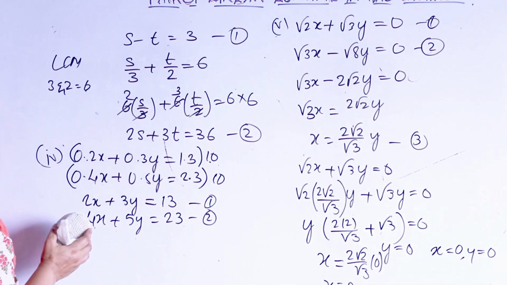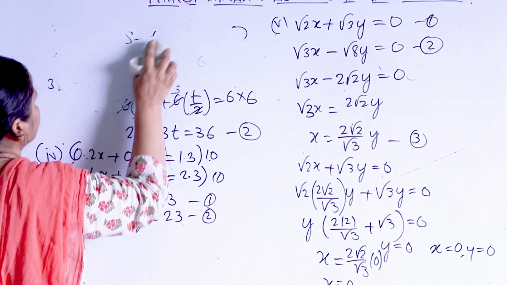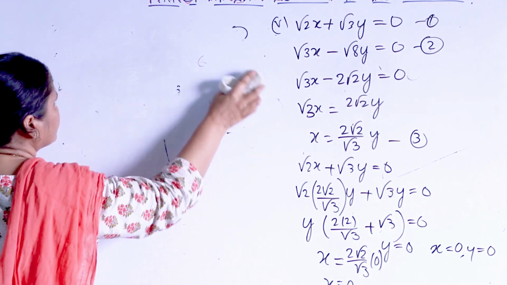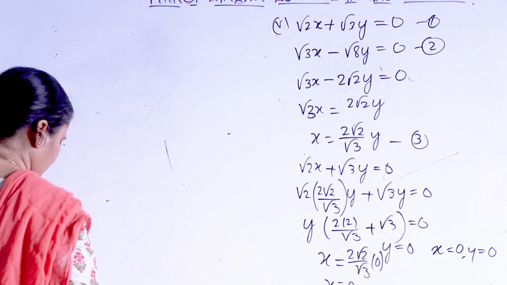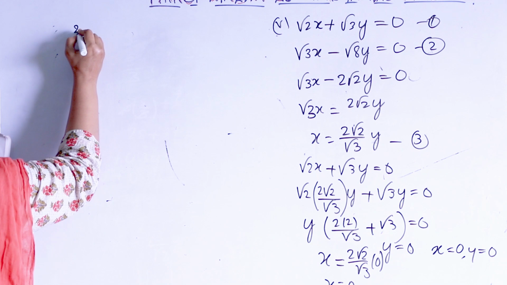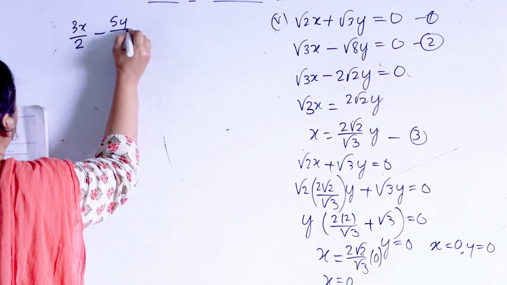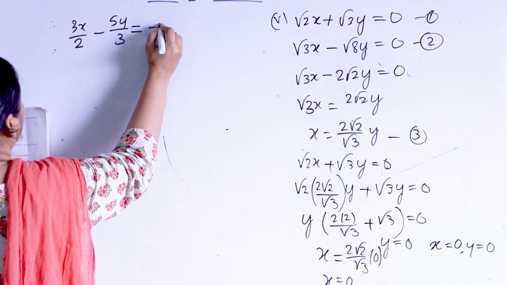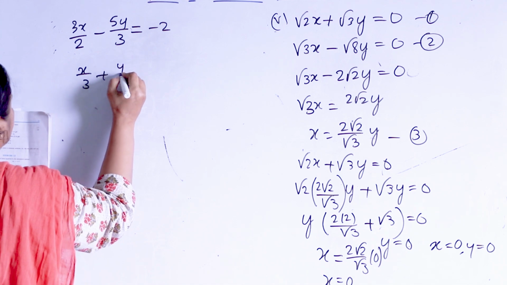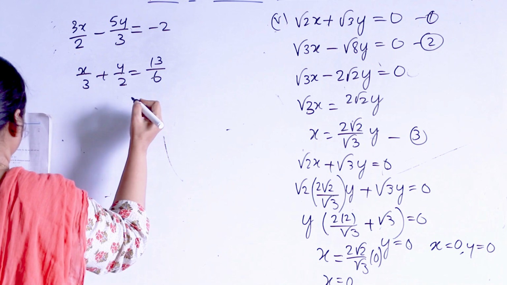Just have a look at these problems once. X by 2 minus 5y by 3 equals minus 2. X by 3 plus y by 2 equals 13 by 6.